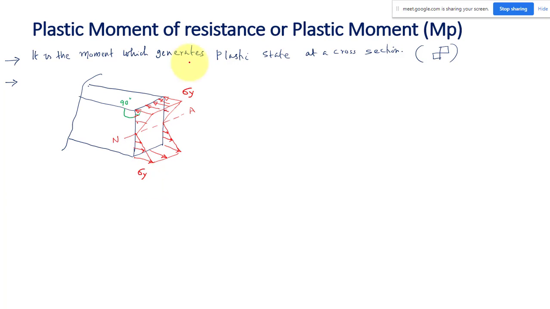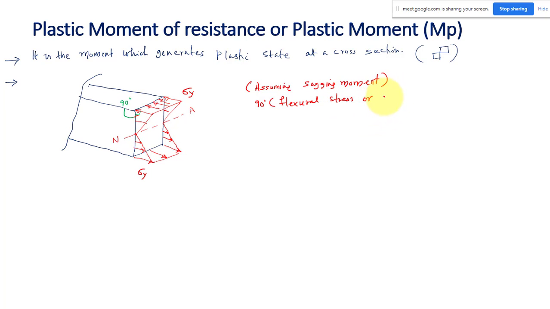Let me write some of the assumptions: assuming sagging moment to draw this stress block. This 90 degree is because that is the flexural stress. The stresses I have drawn are nothing but the flexural stress.